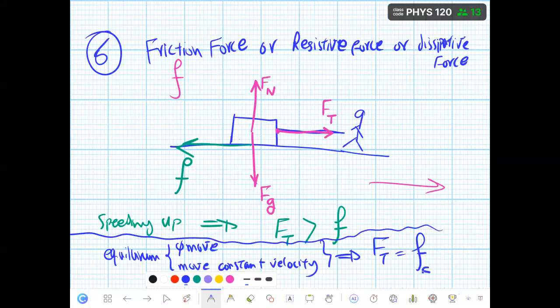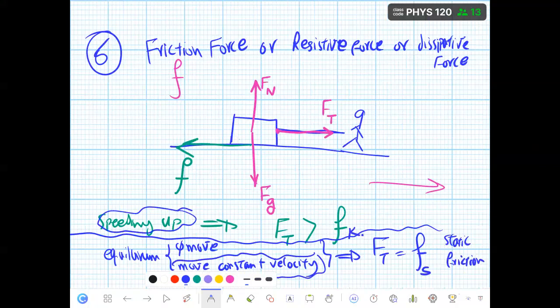I call it Fs, static friction. But if the system is moving, it doesn't matter whether it is speeding up or moving with constant velocity, we will have a kinetic friction. So there is a friction, but this friction is a kinetic friction.